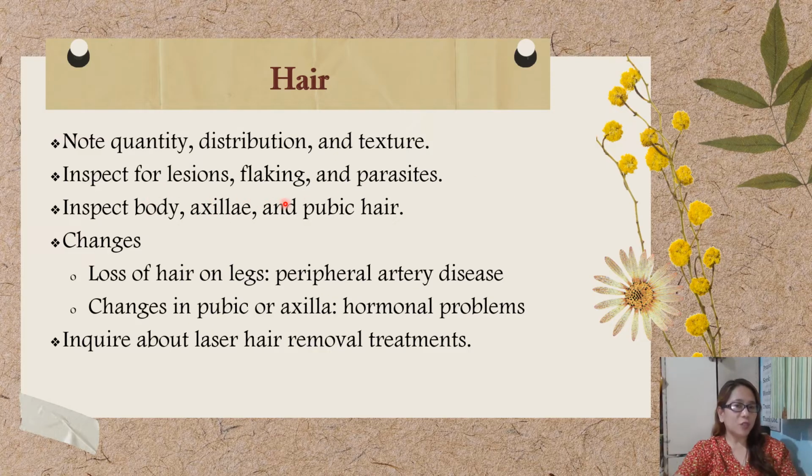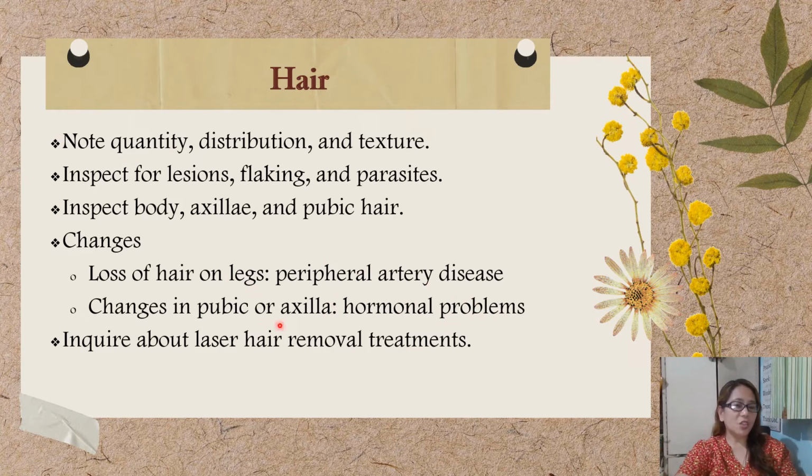Inspect for lesions, flaking, and parasites. Of course, it's on the scalp, no? Inspect the body, the axilla, and the pubic hair. If there are changes, for example, loss of hair on the legs, this can be a sign of peripheral artery disease.